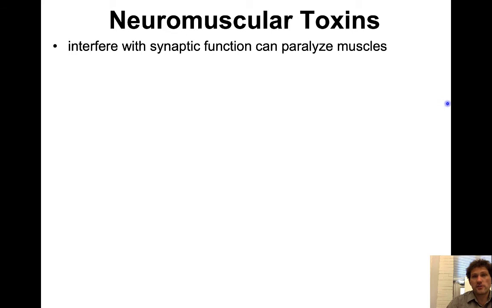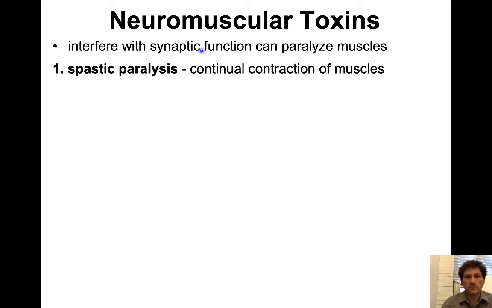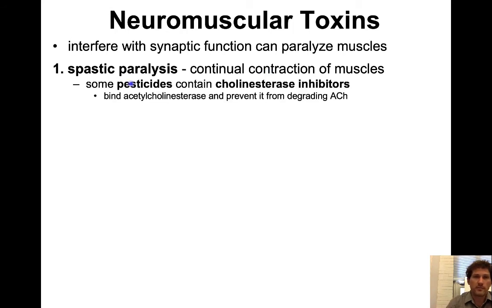Now, a couple of connections with some toxins. They are going to interfere with synaptic functioning, between the neuron and the muscle. Spastic paralysis is a type of paralysis where we have continual contraction of the muscles. Some chemicals, pesticides, will inhibit cholinesterase or acetylcholinesterase. If you remember, we talked about nerve gas earlier in Unit 3.